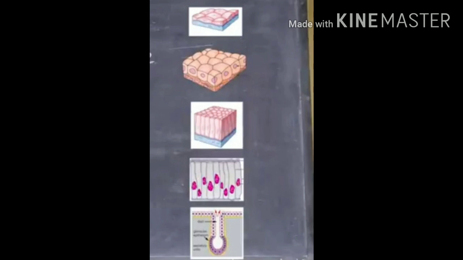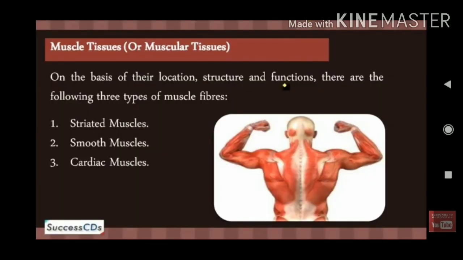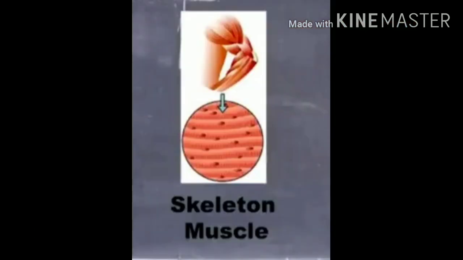So next we will see the second tissue, muscular tissue. The muscular tissue is of three types: skeletal muscles, smooth muscles, and cardiac muscles. First we will discuss the skeletal muscles. Some skeletal muscles connect bone to bone. These muscles are connected with our skeleton.